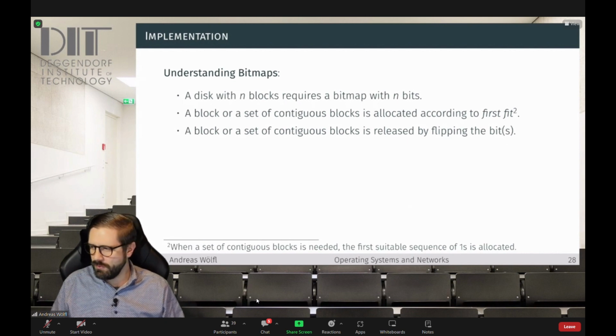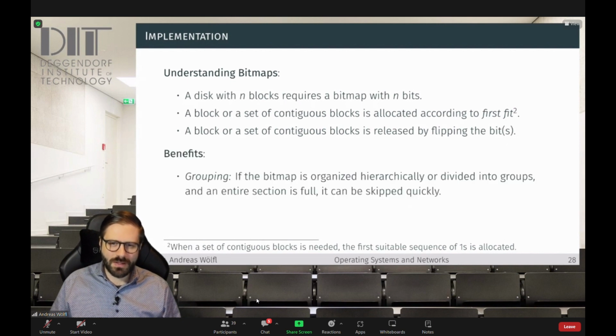If we release blocks, we just flip the bits, and this has advantages because if we group the bitmap into 64 bit groups, so 8-byte groups, we have our 8-byte alignment here. So this is also important. If we do that, we can do integer operations on that, because 64 bits represent one integer value in programming.